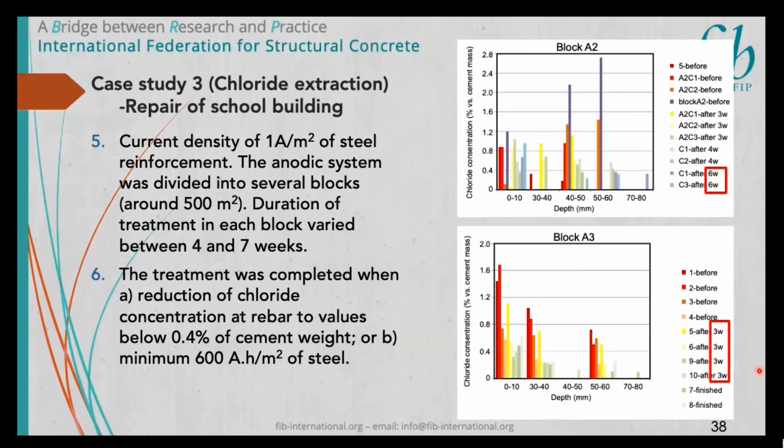The treatment was completed when a reduction of chloride concentration at rebar to values below 0.4% of cement weight, or minimum 600 ampere hour per square meter of steel surface. As you can see in these graphs, the chloride in concrete was removed appropriately.